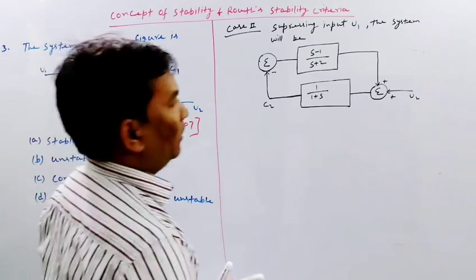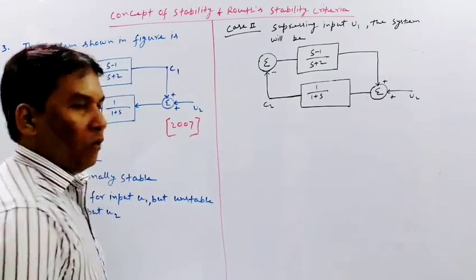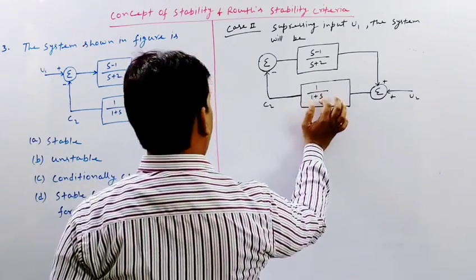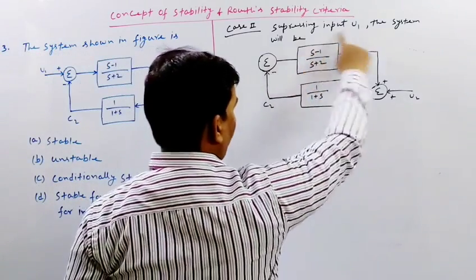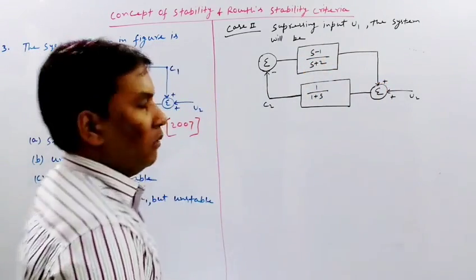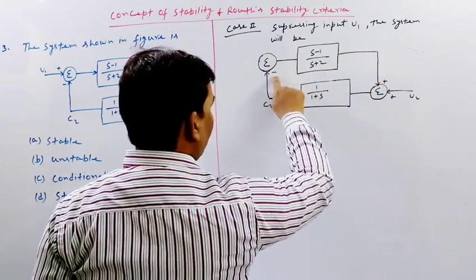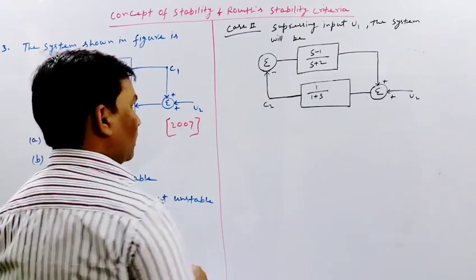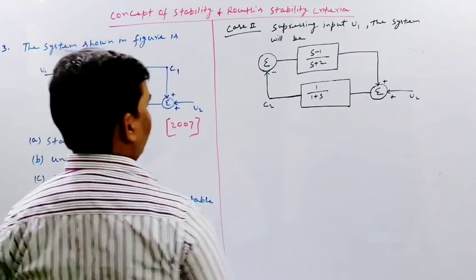Now the transfer function will be C2(s) divided by U2(s), and now G(s) will be this one, 1 by 1 plus s, and H(s) will be this term, because this is in feedback path, and here also this will be negative feedback because it becomes negative at this point.